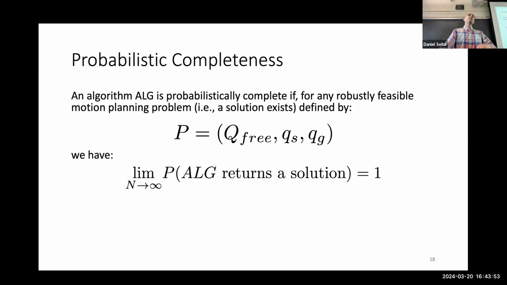So if you think of RRT, they massively explore the entire configuration space. And so if a solution exists, if in theory there's any path from the start to the end, then RRT should be able to find it. It might not find the right one, but it'll find one.